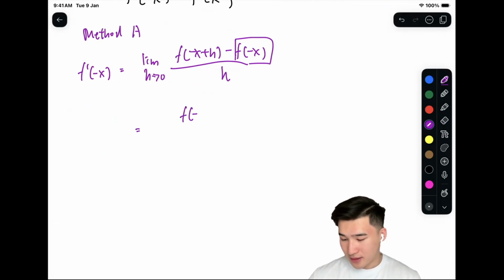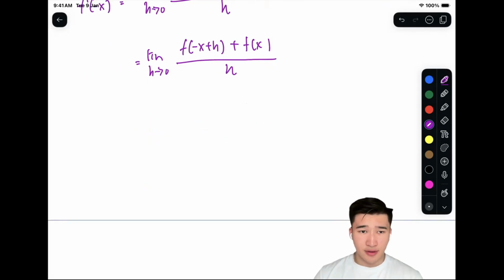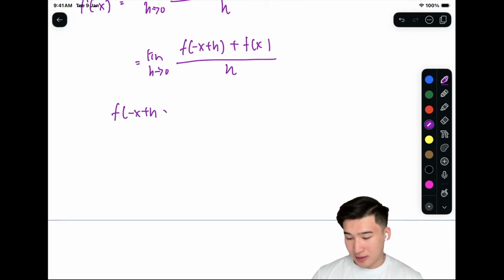So f of negative x plus h plus f x, okay, because the negative sign came out. So we're going to have something like this, okay? And again, using the method of input, output, we know that if we times negative x plus h by negative 1, the output is going to be negative f, and then the values inside.